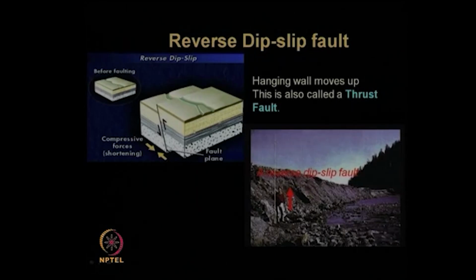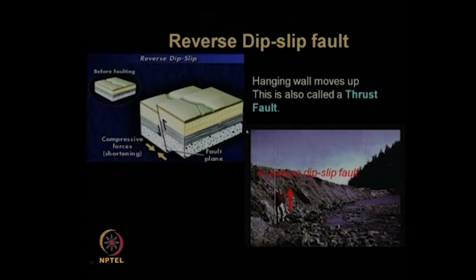So, along this fault plane, what happens? Hanging wall moves up. So, this hanging wall moves up, and this is also called a thrust fault. So, another name of this reverse dip slip fault is thrust fault. So, if somebody says thrust fault, that indicates it is nothing but a reverse fault.